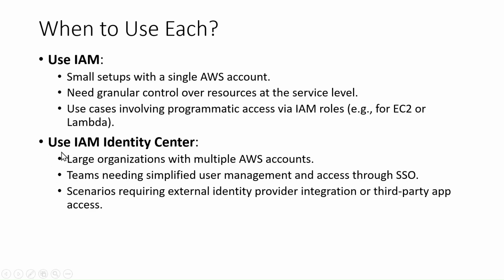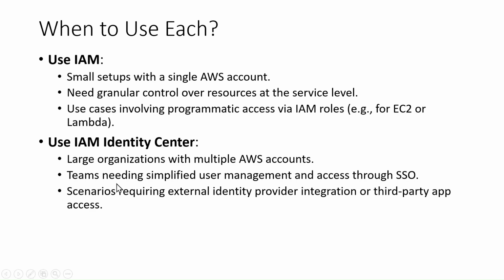Next is using IAM Identity Center. A large organization with multiple AWS accounts. In one account they cannot perform all the things, right? So they will have different accounts. Instead of providing the credentials of each account to the users, by providing a single sign-on we can maintain integrity by not exposing the credentials of each account.